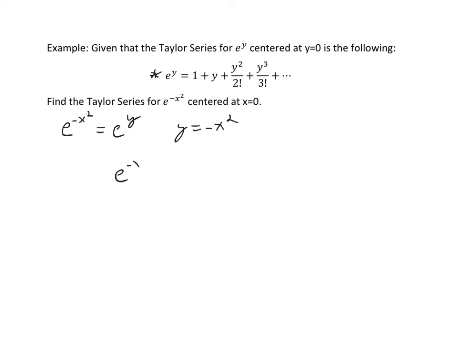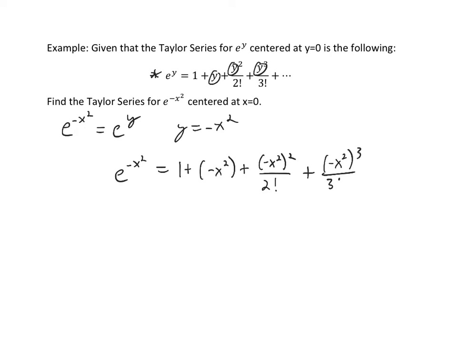So to do e to the negative x squared, everywhere that there's a y, I'm going to replace that with negative x squared. So this Taylor series is going to be 1 plus negative x squared, plus (negative x squared) squared over 2 factorial, plus (negative x squared) cubed over 3 factorial. So e to the negative x squared is the same thing as 1 minus x squared.